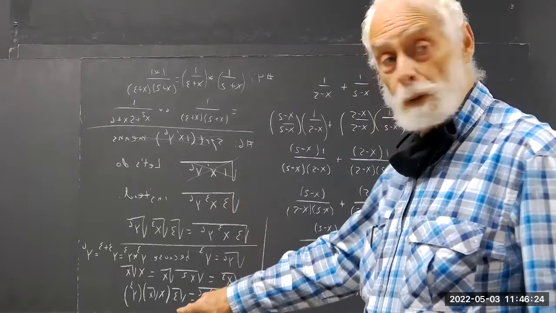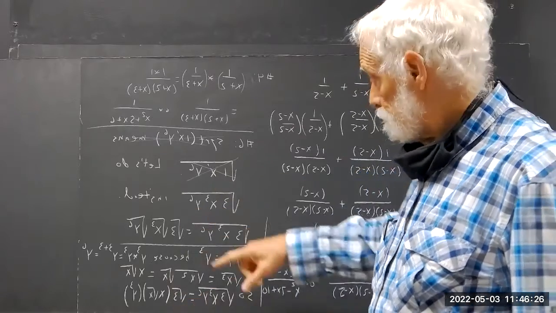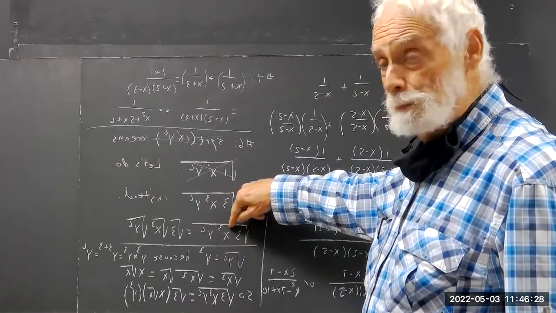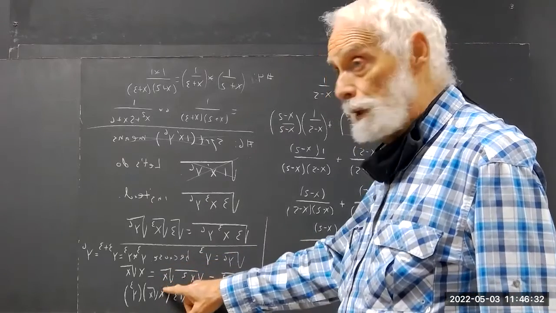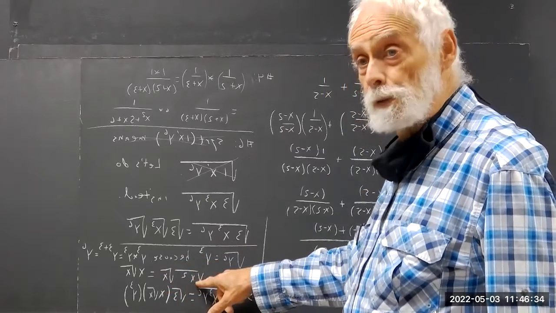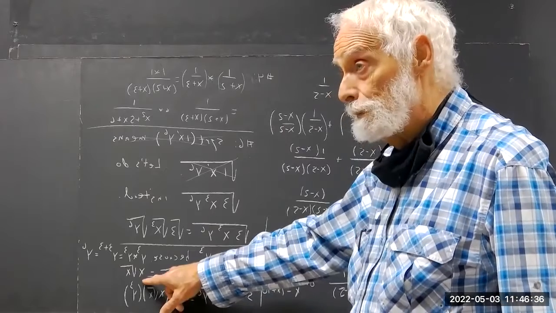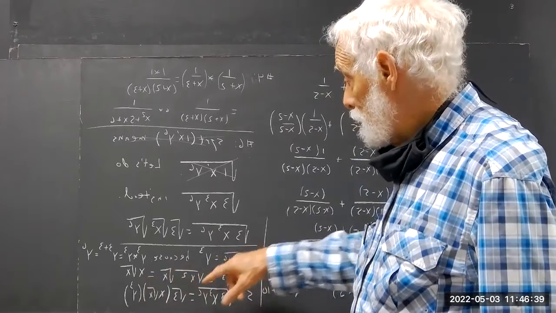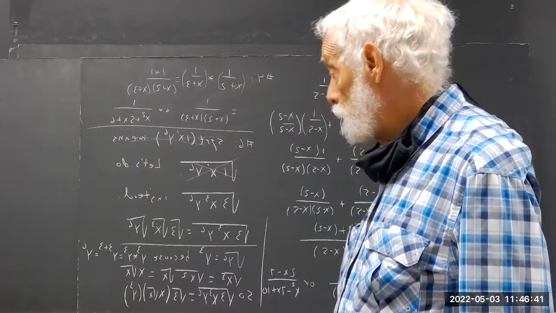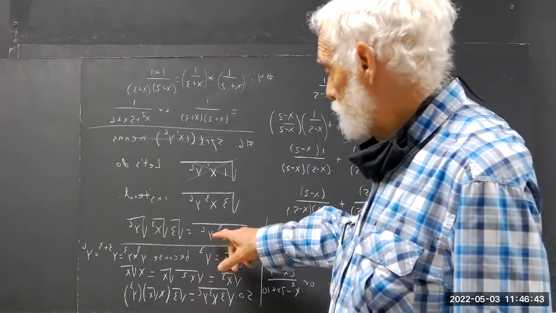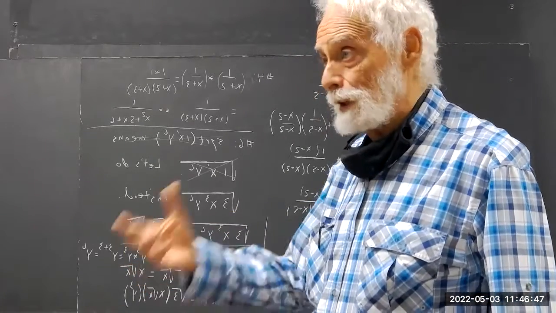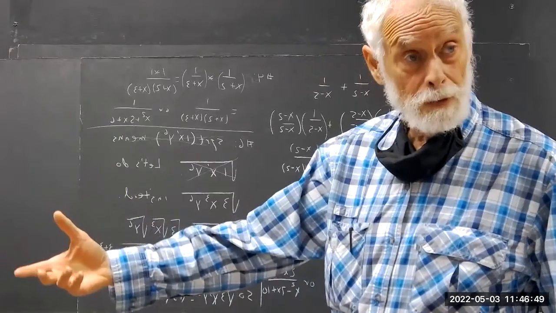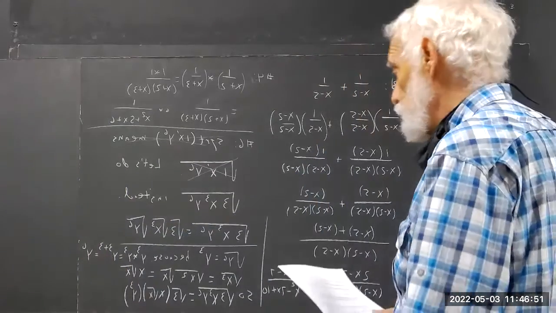The square root of 3 is just the square root of 3. The square root of x cubed, we can write as the square root of x squared times x, because now we can write the square root of x squared as just x. But we still have the square root of x left over. And the square root of y to the 6th is y cubed, because that's what you'd multiply by itself to get y to the 6th. So it equals this.